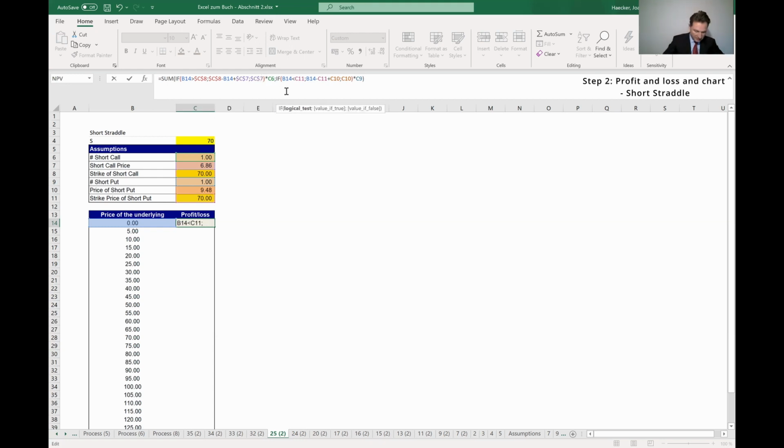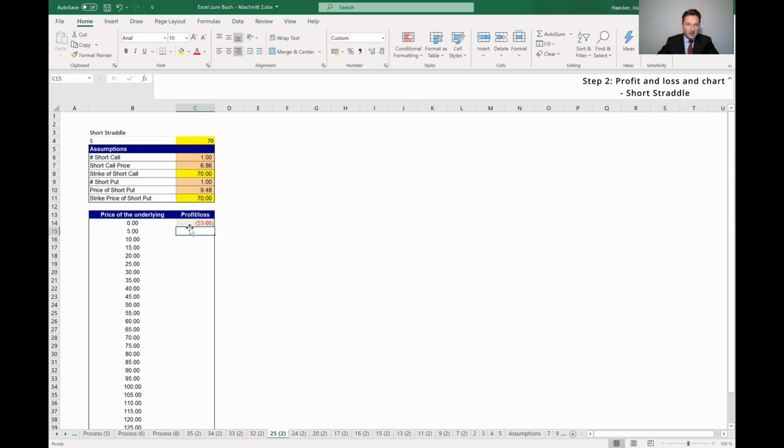We'll fix twice the strike price and twice the premium. Then we also need to fix the amount of short calls and the amount of short puts. And this is our formula. Press return.